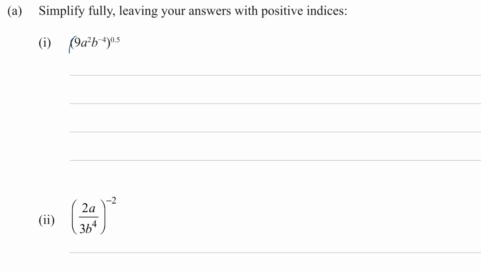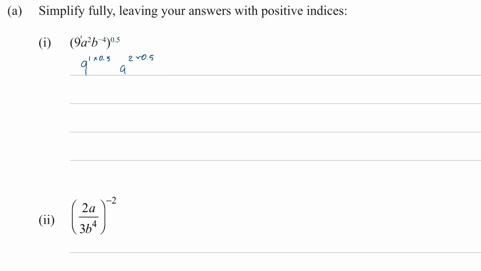So when we have a term like this in brackets, all raised to a power, we can distribute the power, and that's where we do 9. There's a little hidden 1 there, right? To the power of 1 times 0.5. So powers of powers, we multiply. Then we have a squared times 0.5.